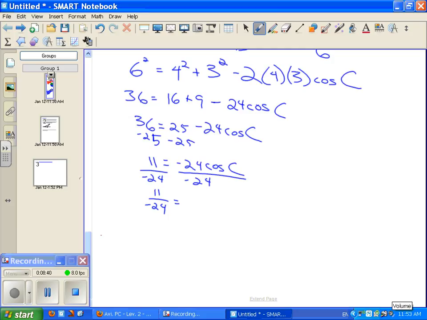Equals cosine. Okay, so then I want to inverse cosine both sides. So c is going to be approximately whatever I get here. So in that case, you just do 11 divided by negative 24, and then inverse cosine, and answer.